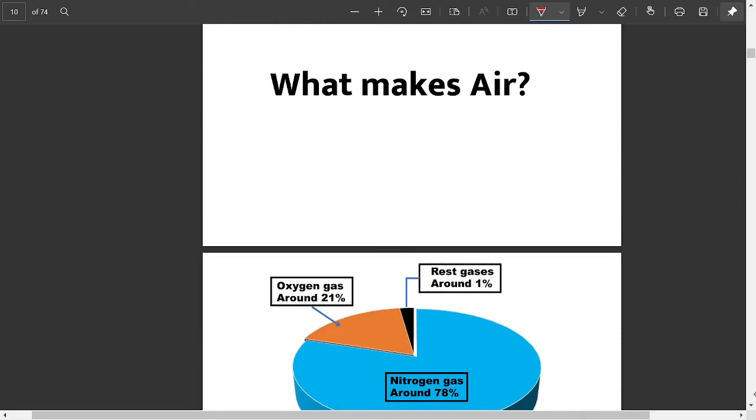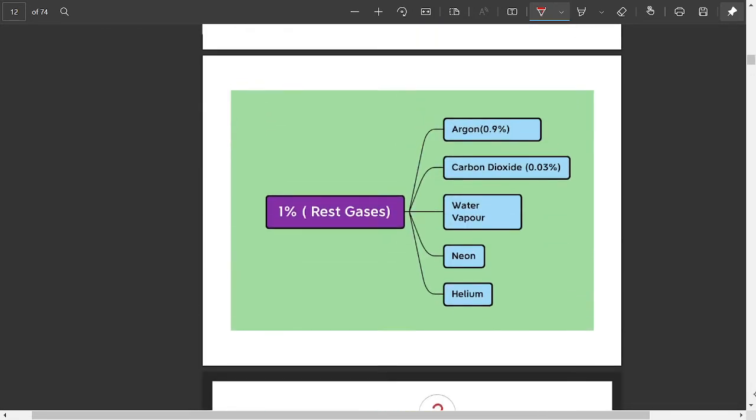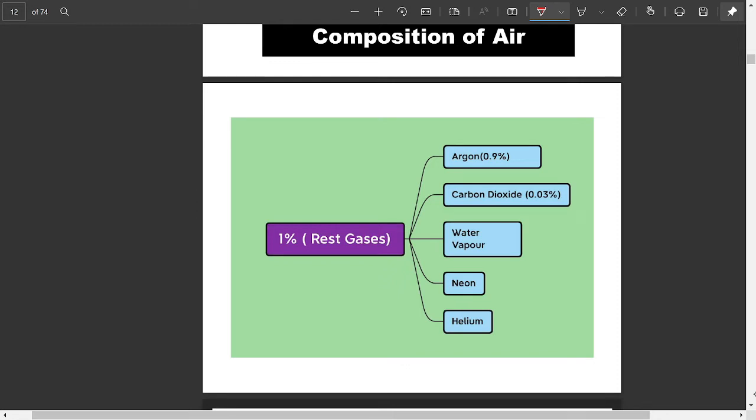What makes air? Now this is very important. You can take this black part as the rest gases. The oxygen around us is only 21%, so this is less in the air, and nitrogen is 78%, which is very important for the growth of plants and other organisms. The rest gases around are 1%. So what are the rest gases?